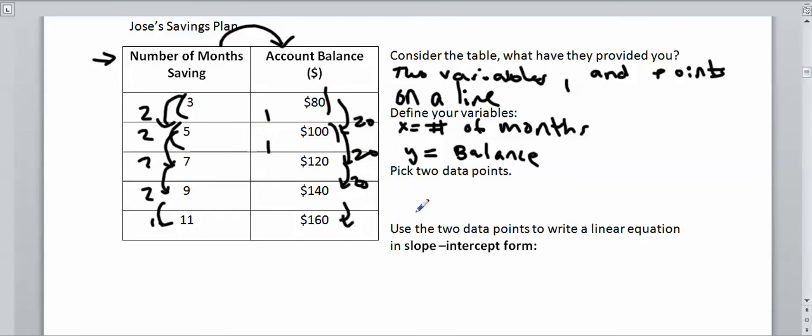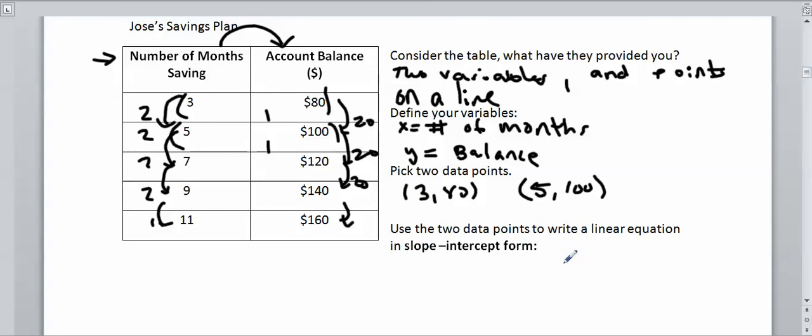So I'm going to pick the two easiest points for me, and that's going to be (3, 80) and (5, 100). Okay, so use two data points to write a linear equation. Well, we did this last week, right? I want to find the slope using these 2 points and then plug that in to write an equation.